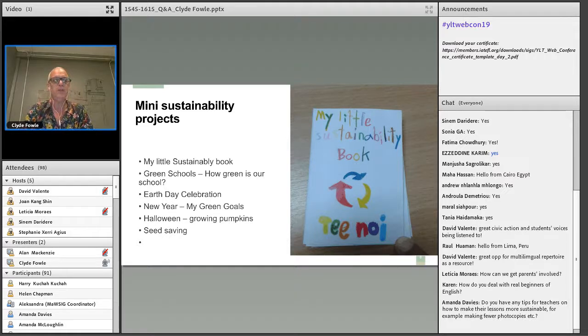I got my students to set green goals for their forthcoming year. For Halloween, we grew pumpkins and did a project on pumpkins, how they grow, and then kids grew their own pumpkin seeds. I've done that a few times. And we also did some seed saving activities.